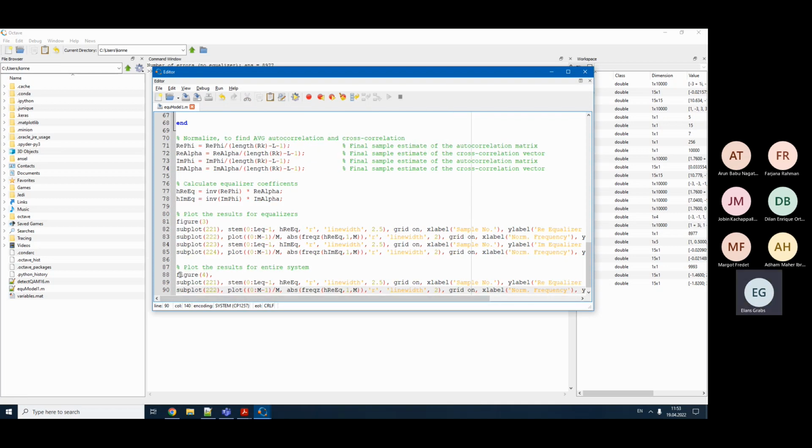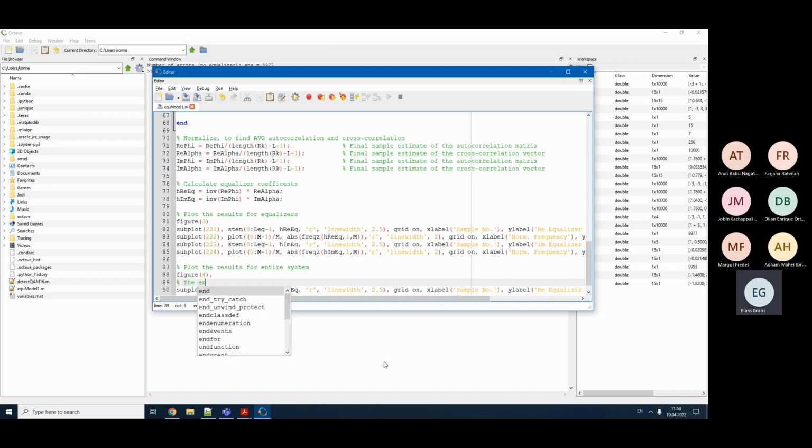But before that, I still need to calculate the entire system impulse response.